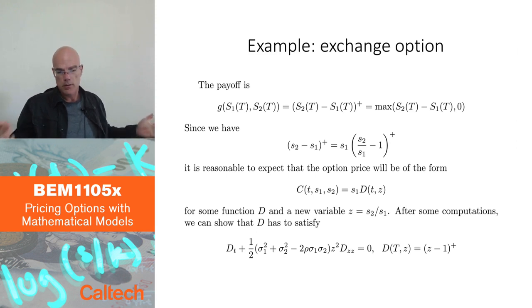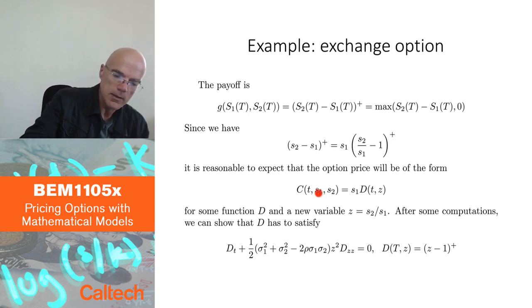But what comes up after some calculus and some algebra, it's not too hard, you get that this previous slide equation for c becomes this equation for d. Okay? And the boundary condition for d is simply z minus 1 positive part.